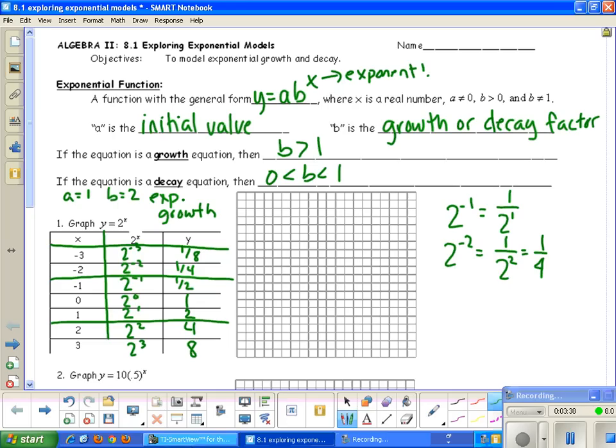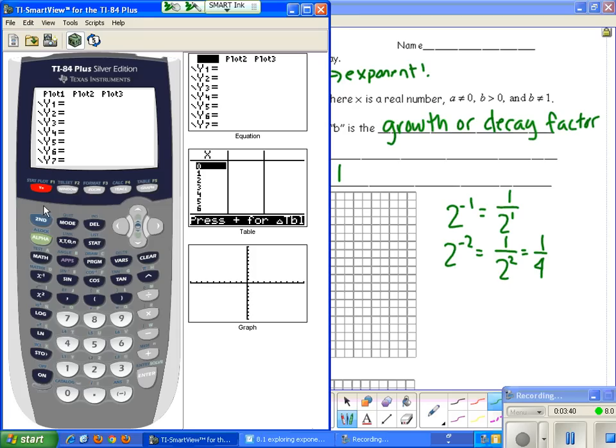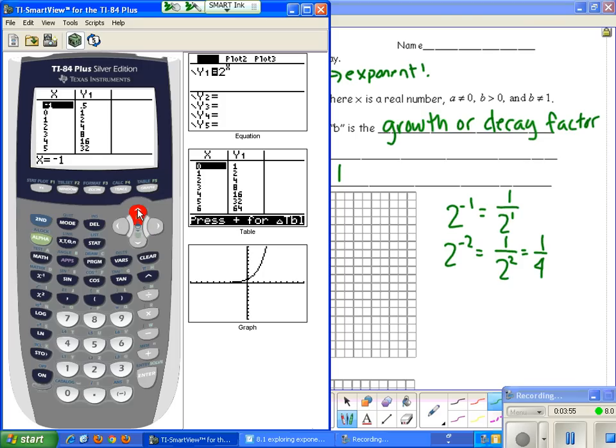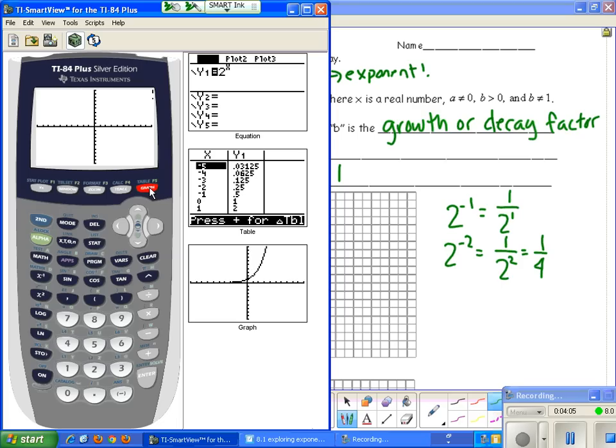So if I go to my graphing calculator and plug this in, I have y equals 2 to the x power for my graph. So if I look at my table, these were the table values that I got right here. So notice we have 0.5, 0.25, and so on. So if I keep scrolling down for these values, I know that if I look at my graph, this is what it would look like.